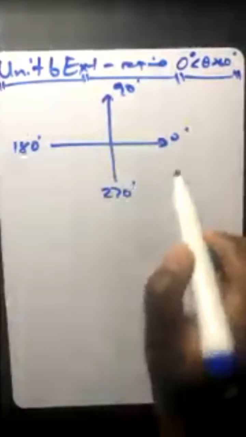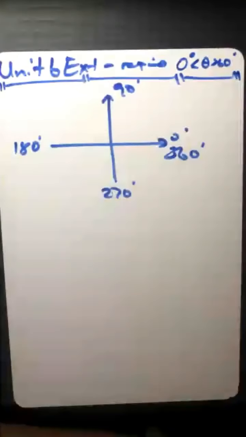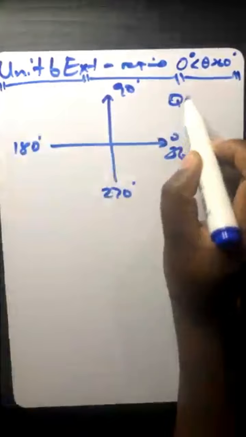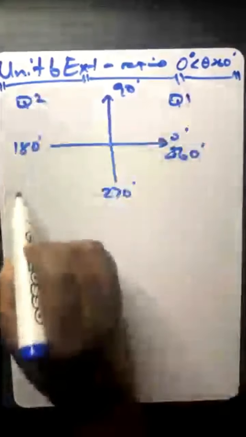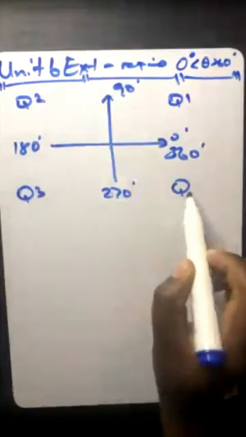When you talk about extending angles, obviously we know we have 0 degrees, 90 degrees, 180 degrees, 360 degrees. Then we have Q1, Q2, Q3, Q4.